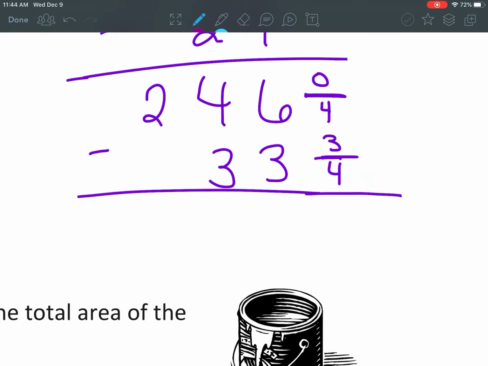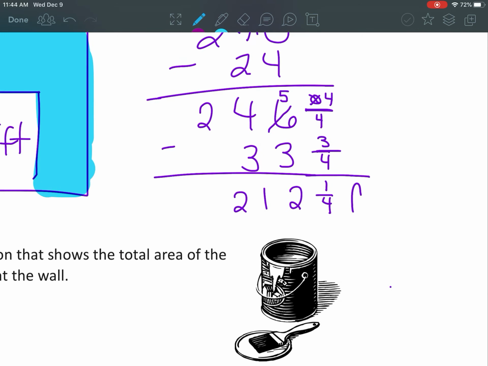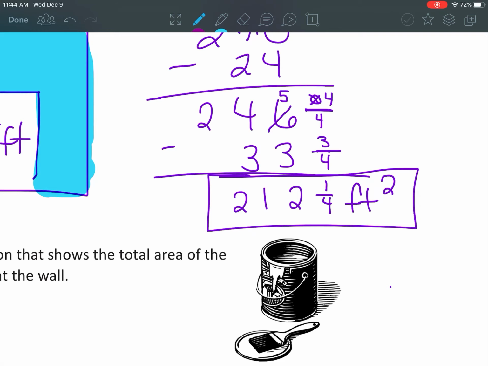That means I would need to borrow. I would take my 6 and that would turn into a 5. Now instead of that becoming a 10, 4 would make it a whole. So it would be 4/4. So I'd have 4/4 minus 3/4 is 1/4. 5 minus 3 is 2. 4 minus 3 is 1. And 2, sorry, 2 minus nothing is 2. So the area that we painted was 212.25 feet squared.